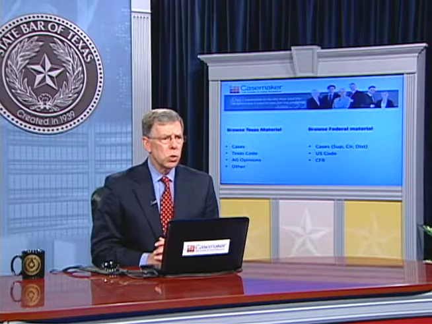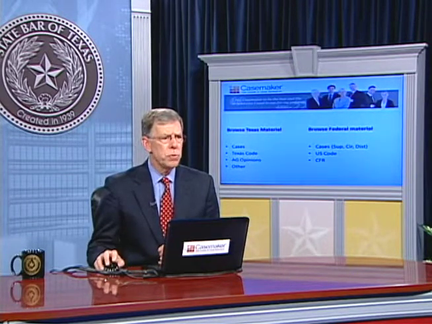So what we'll do is go online in a moment and talk about how you can browse through the Texas material, any other state material, or the federal material. The browse capability gives you the ability to search through all this primary content that's available. The benefit to Texas practitioners is that regardless of whether you are in a small law firm, a single practitioner, or one of the larger firms in town, you can still access this material as if you have a full law library at your disposal.